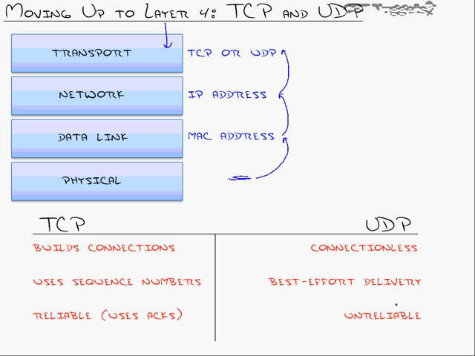Now, that makes UDP an unreliable protocol. Now you might be thinking, well, why would I use an unreliable connection? Again, I mentioned this back in the OSI model, but to review, unreliable connections are great for traffic that is real time, meaning it needs speed and it's got just a real time feel to it, like voice over IP.